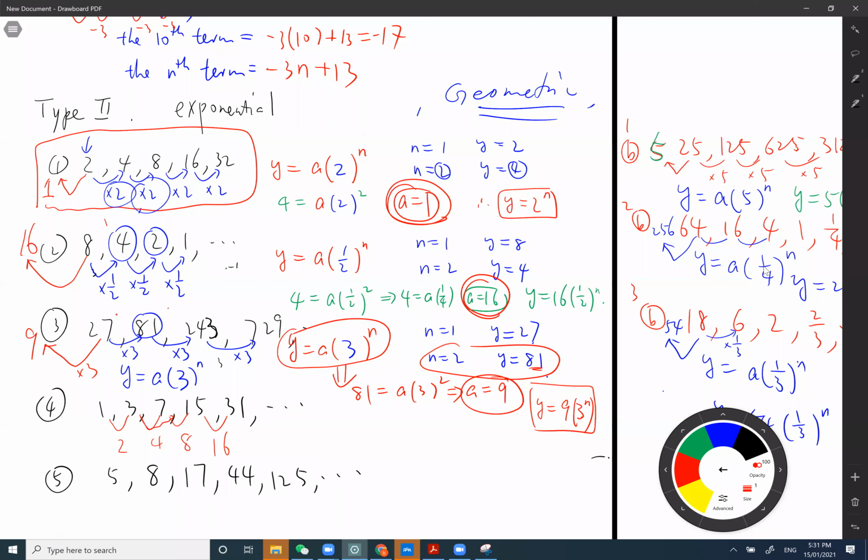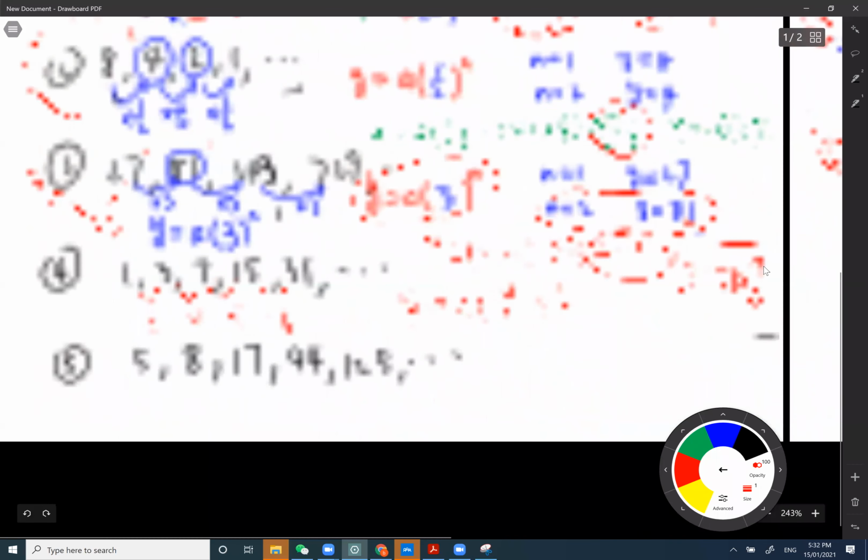Okay. It's also related to the stuff we learned in year 1, 2, 3. In this case, our formula is y equals a times 2 to the power of n plus b. Let's double check if this case works.